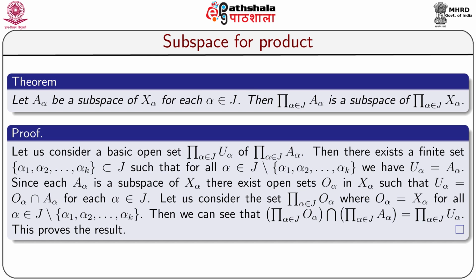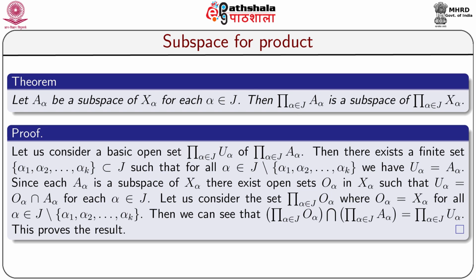Since each A alpha is a subspace of X alpha, there exists an open set O alpha in X alpha such that U alpha is equal to O alpha intersection A alpha for each alpha belongs to J. Let us consider the set product of O alpha, alpha belongs to J, where O alpha is equal to X alpha for all alpha belongs to J minus alpha 1, alpha 2, ..., alpha k.